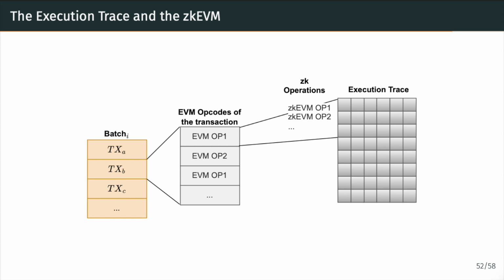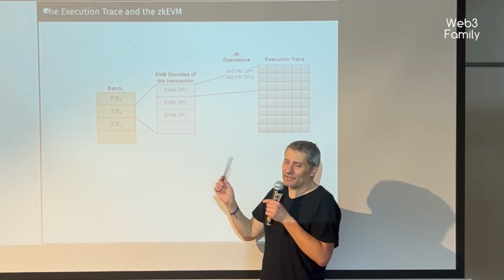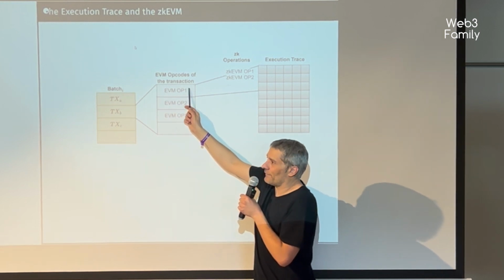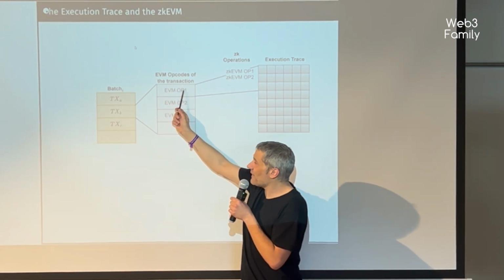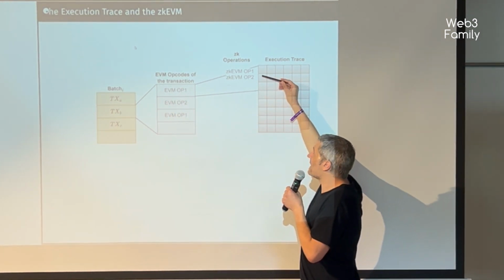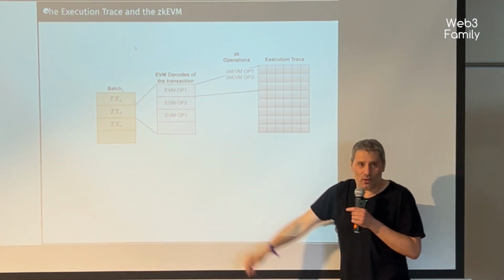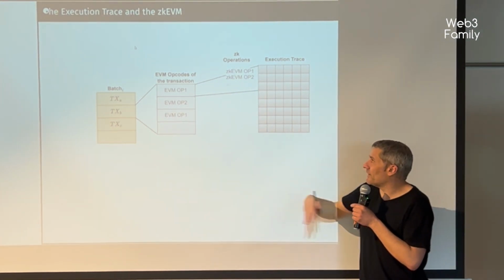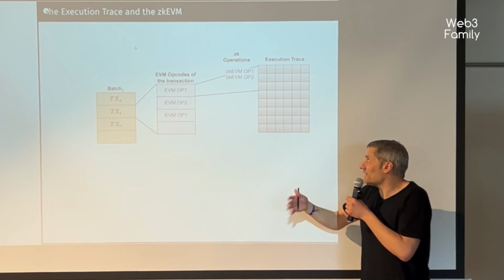Well, the idea is that what we are doing is proving opcodes of the Ethereum virtual machine, and to prove each opcode of the Ethereum virtual machine, we may need several instructions in our zkEVM processing system.